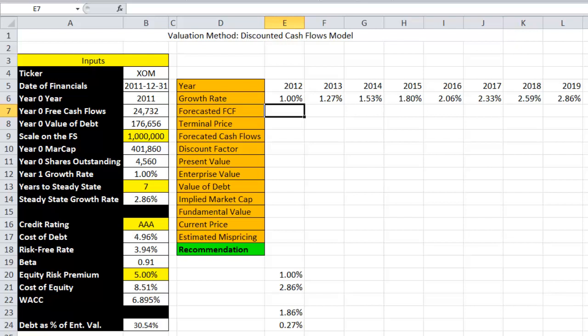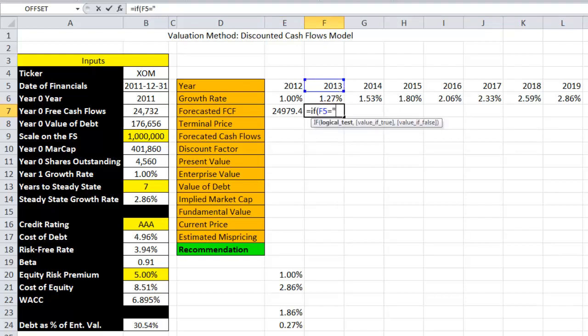Okay, so now to get free cash flows, every year we're just going to grow the previous year's free cash flows at whatever our growth rate is. So in this first period, we're just going to take free cash flows and multiply it by 1 plus the growth rate. Every period after that, we're just going to use our simple if-then statement.